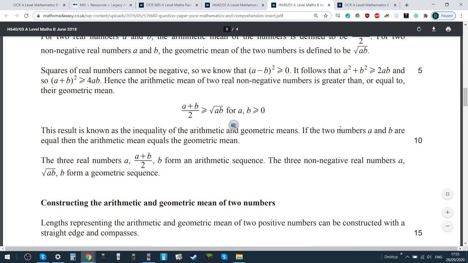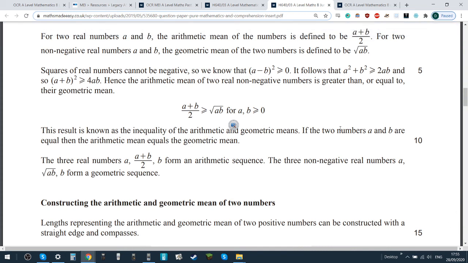But then they went a plus b squared is greater than 4ab. So is that because they just added 2ab to each side? Where is that? The next line. I see it. And that's just because they added 2ab to each side, I think.